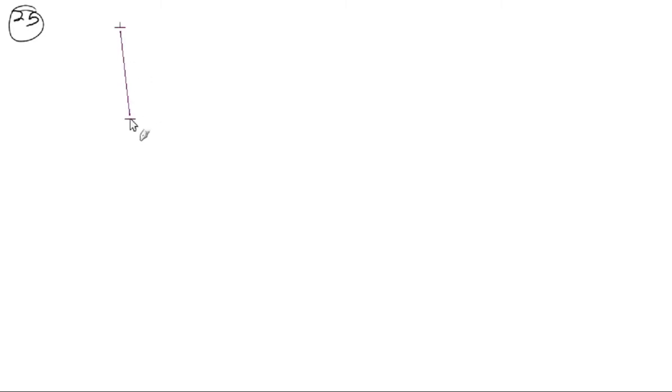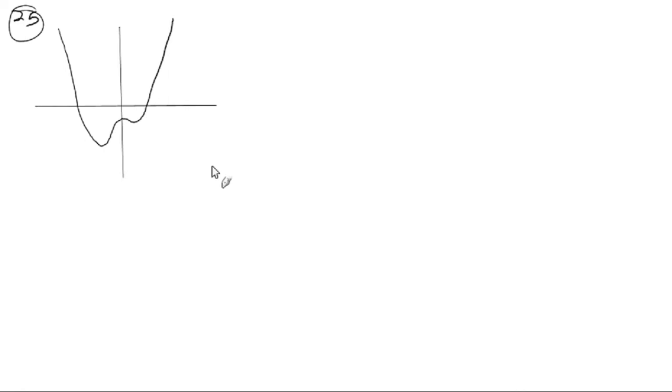25, I will draw this really poorly for you. Okay, that's kind of like what you see on 25. They want us to talk about the degree and the leading coefficient. Okay. Well, the degree is going to be definitely even.